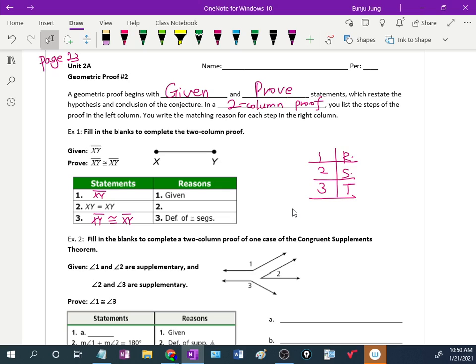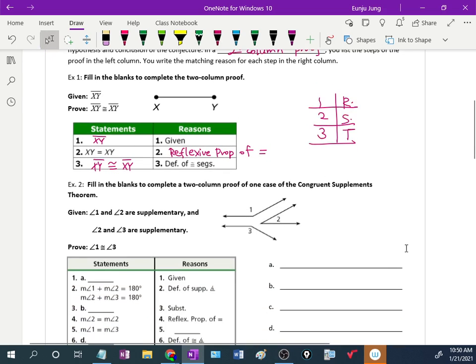XY same as itself XY, so we are saying one thing, okay? So this is reflexive property of equality. That's why we can say XY is congruent to XY itself, okay? And we will say that is a reflexive property of congruent segment in the future. Make sense? All right, next one.